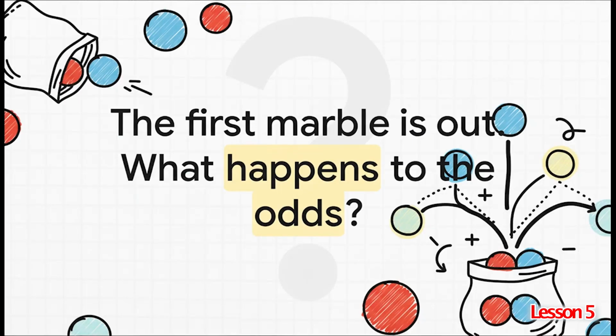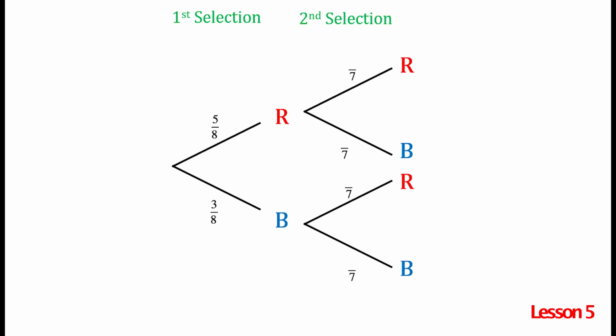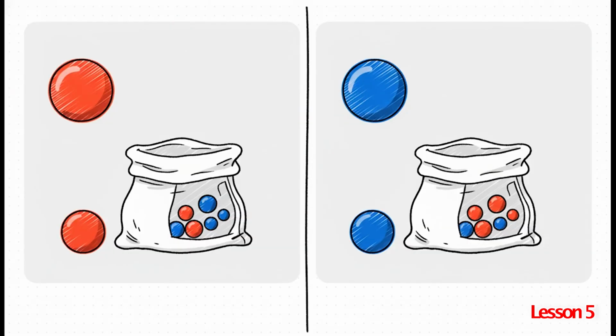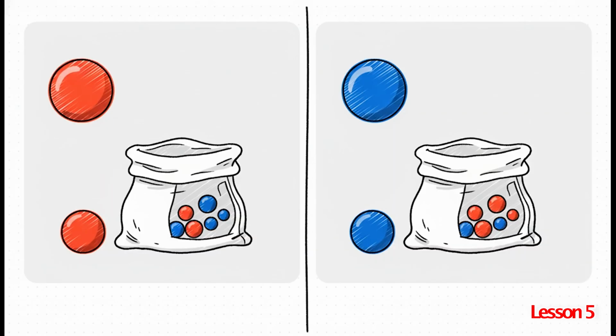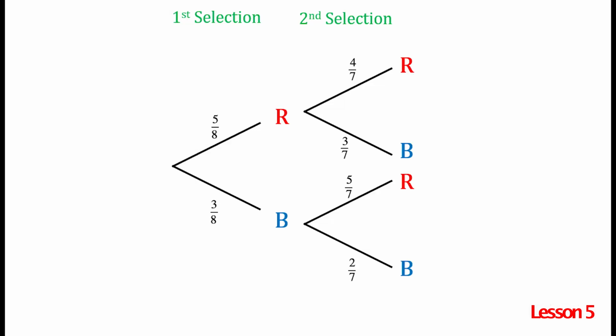Now, if our first marble out is blue or red, what does that do to the odds going forward for our second draw? Well, if the first marble was red, now we've only got 7 marbles left, and 4 of them are red. Still, there are 3 blue marbles, so that's 3 out of 7. However, if we picked a blue marble first, we're now looking at 5 red marbles still, but only 2 blue ones.